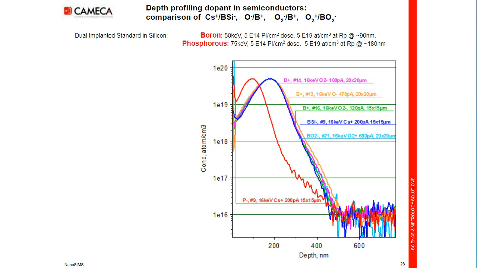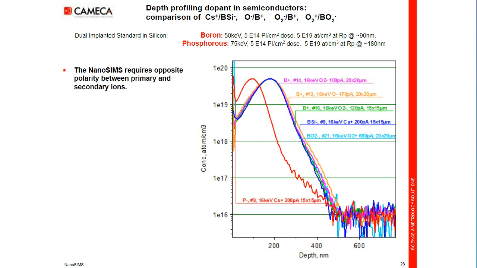Here we superimpose different profiles on the same sample, recorded with cesium plus, BSi minus, or oxygen minus, B plus, or O2 minus, B plus, or oxygen plus, BO2 minus. So a variety of conditions that can be used depending on the priority of the analysis.